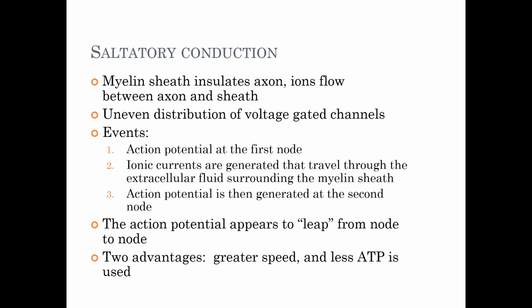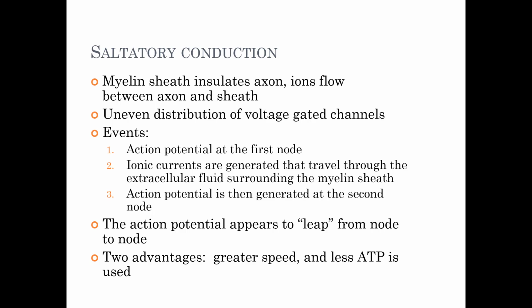So the myelin sheath serves to insulate the axon and keeps ions very close to the axon membrane underneath that myelin sheath. It means that there are only voltage-gated channels at the spaces between myelin sheaths, which are called the nodes.